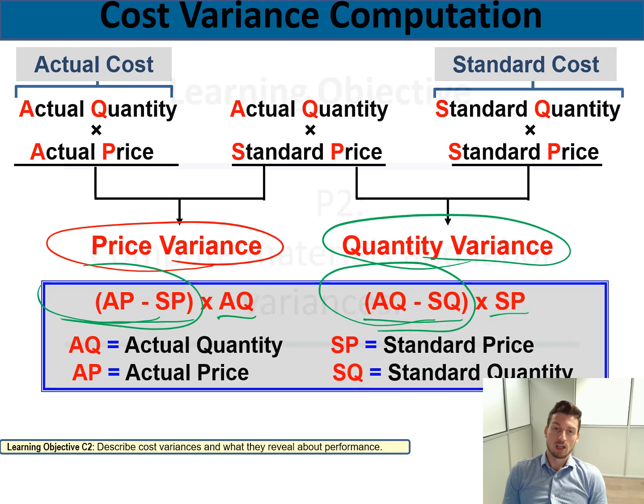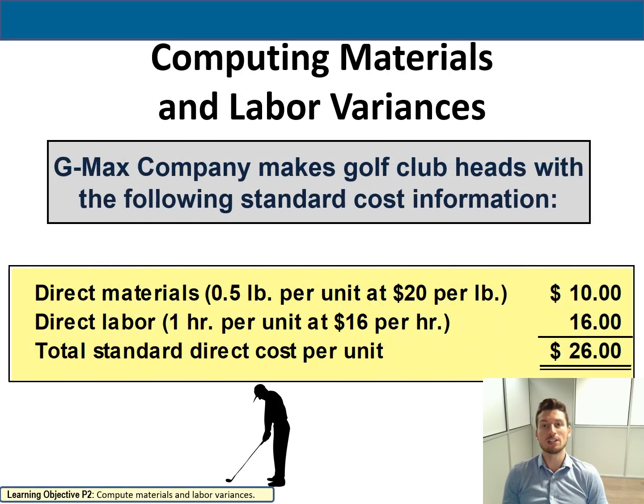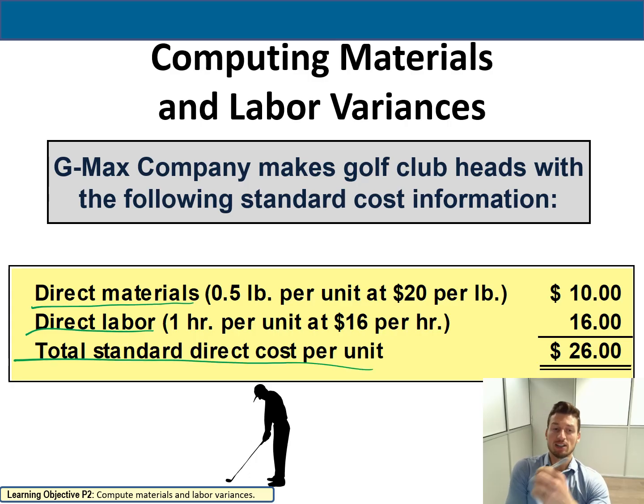Now it's time to go to more practical work and start computing materials and labor variances before we go to overhead variance. We are considering the example of GMAX company, which makes golf club heads with the following standard cost information.